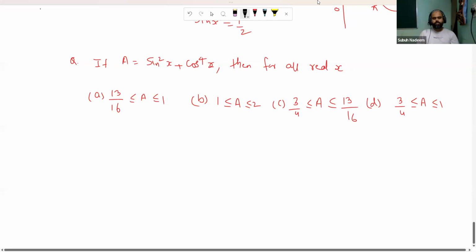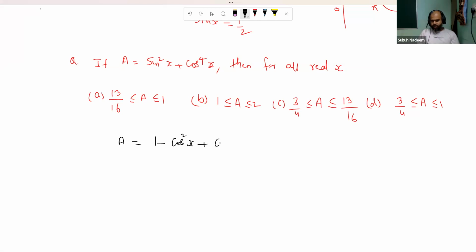Sir, here I got 1 plus cos square x. Now, how can I do more? It will be 1 minus cos square x plus cos to the power 4x. Do you agree this sin square x will be written as 1 minus cos square x? Yes, sir.